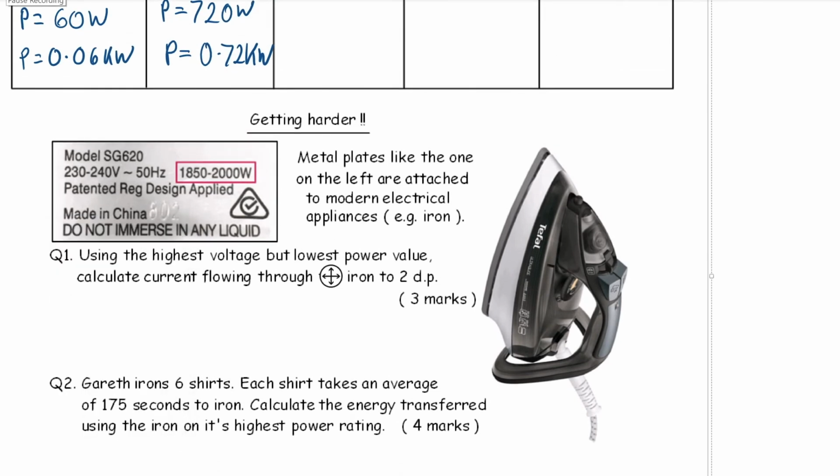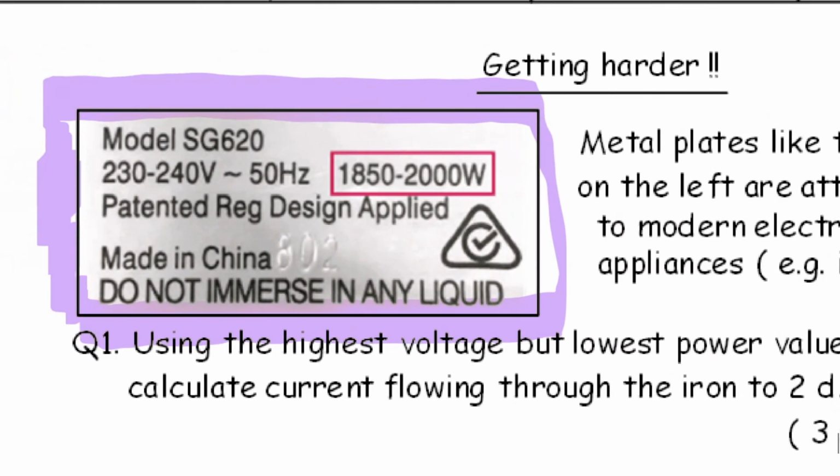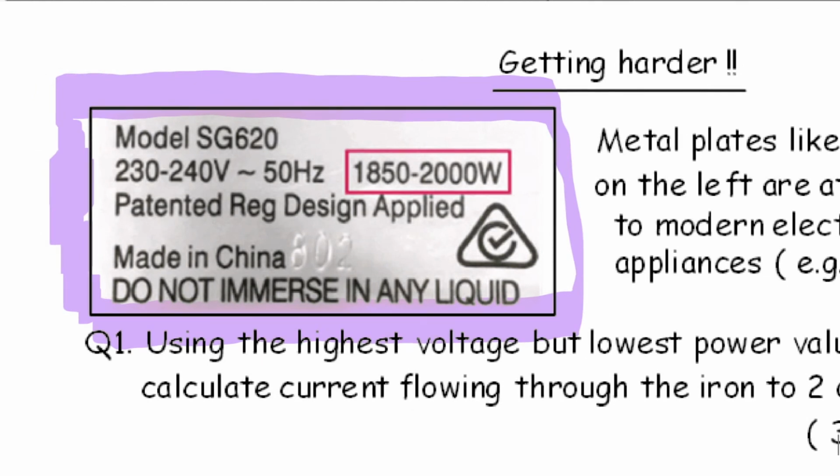Okay, getting harder. What I'm highlighting now is something you would typically find on appliances. This one's taken off, I think, an iron. You can see there's a few things to note here.